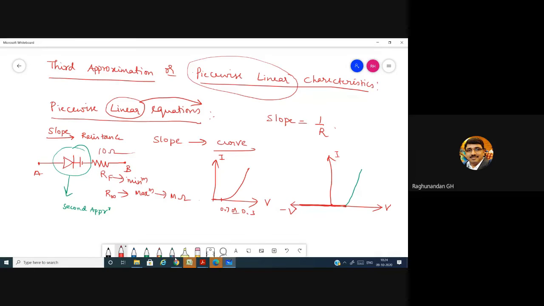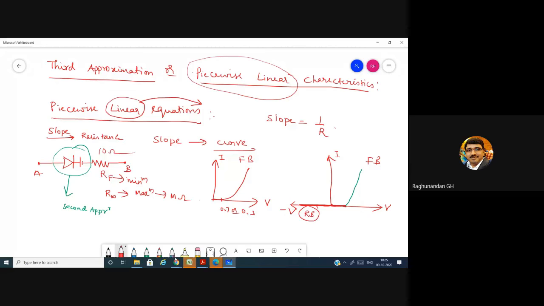Next, there is one more approximation called the fourth approximation or piecewise linear characteristics 2, but that is not in your syllabus. In that, they talk about the reverse biased condition. Okay, now just compare the forward bias of this and forward bias of this. Now, are they matching?